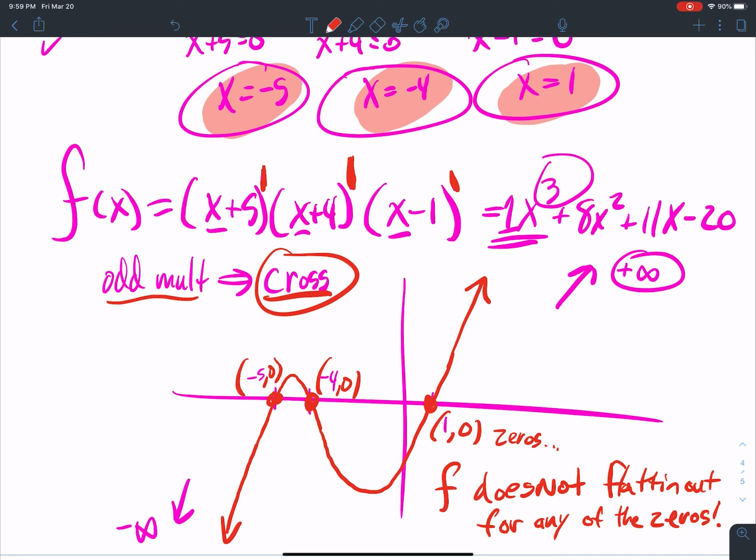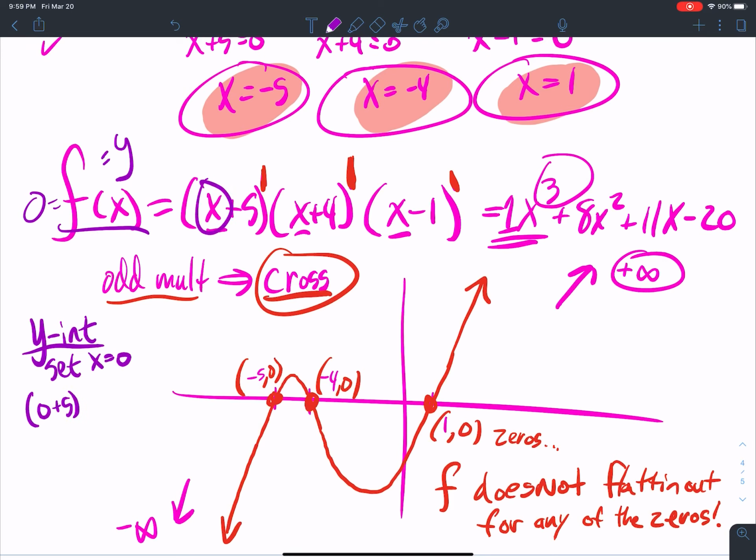All right, cool. If I wanted to find a y-intercept, to get a y-intercept, what do I do? I set x equal to 0, right? Okay, to get an x-intercept, that's why I set y equal to 0. Okay, y is equal to f of x, right? So if I put x equal to 0, that means I have 0 plus 5, right? I'm plugging a 0 in here, a 0 in here, and a 0 in here.